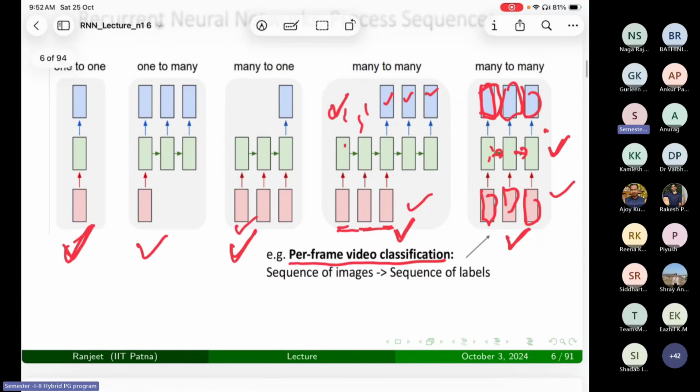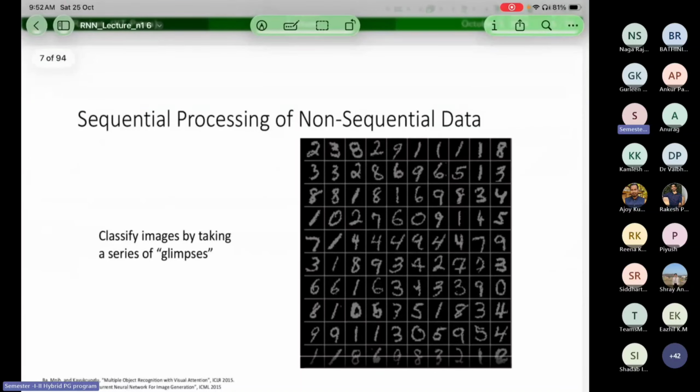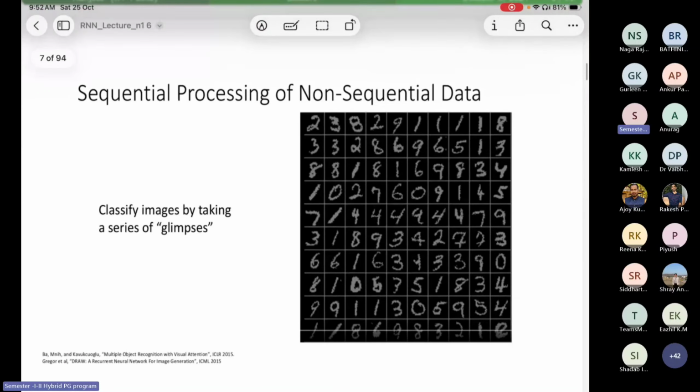So when RNN came, at that time people also started to use it for image-type problems. Now let's see what they have done. You might be aware of this dataset. This is the MNIST dataset.